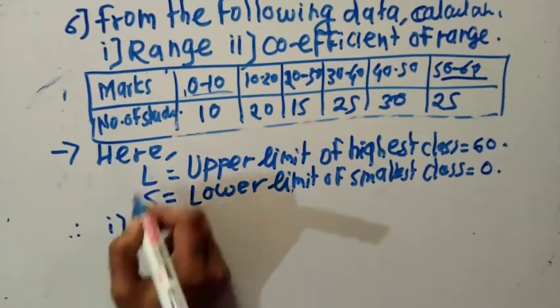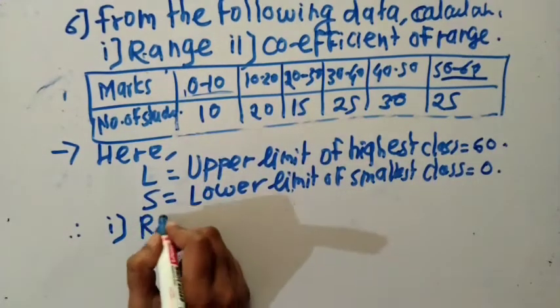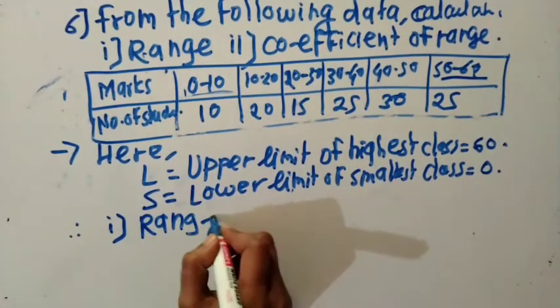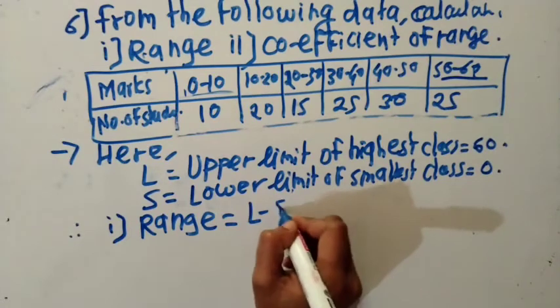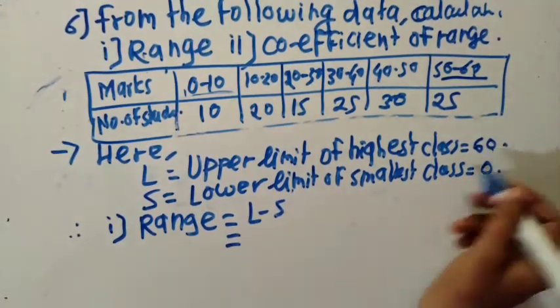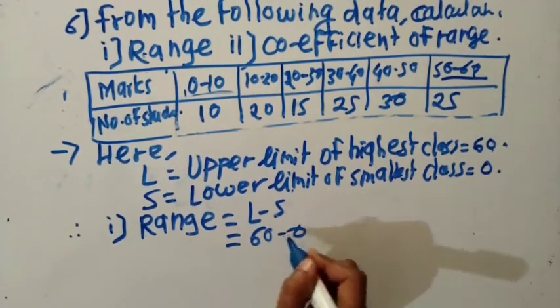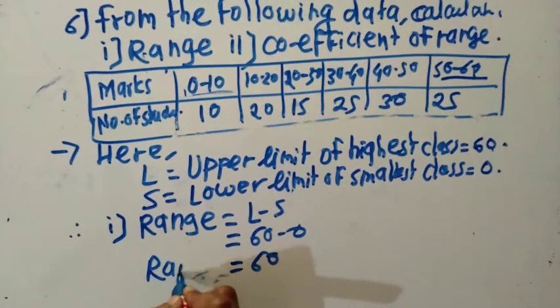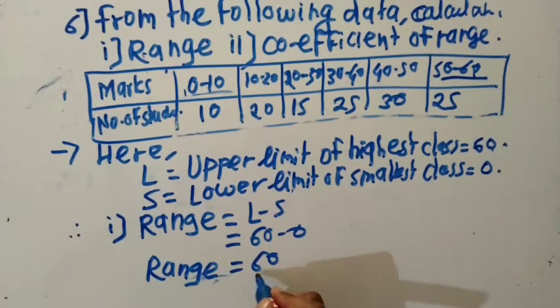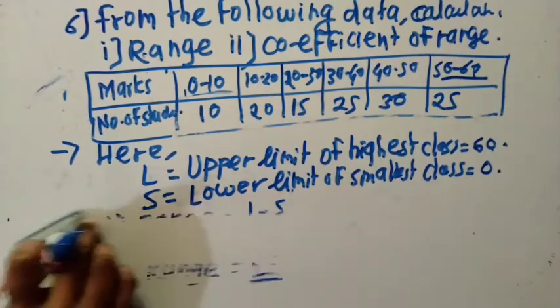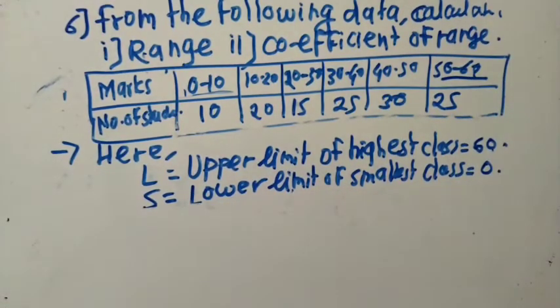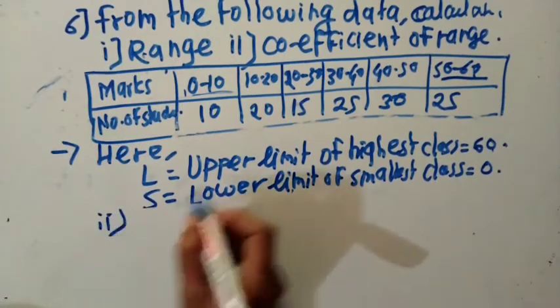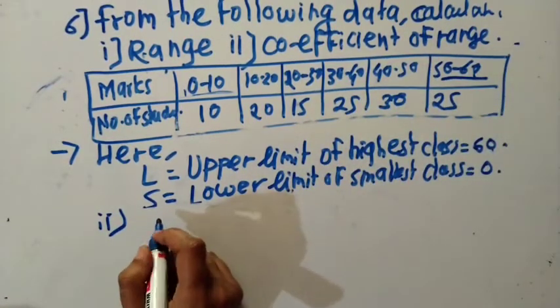Then first upon find out range. Range formula is L minus S is equal to 60 minus 0. So is equal to 60. Hence range is equal to 60. Then in second we find out coefficient of range.